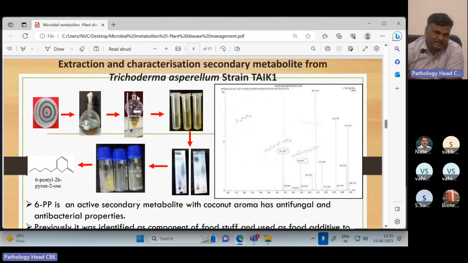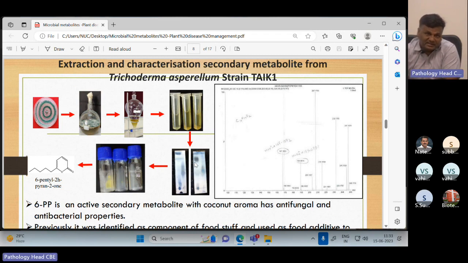This is how we extracted; it's a general solvent extraction process. When we took the crude metabolite and did the bioassay against many of our organisms, it worked very nicely. Then we did a small TLC to differentiate the fractions. We could get around 4 to 5 fractions.